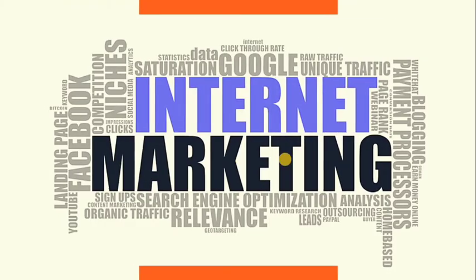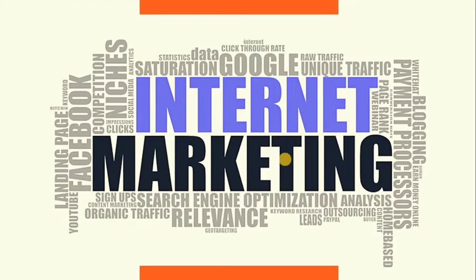So now, from this image here, you can see that internet marketing covers a lot. It covers Facebook, it covers Google, it covers your unique traffic, it covers your page rank. This is SERP, that's the search engine results page. So that's the first page you see whenever you type any keyword into Google search.